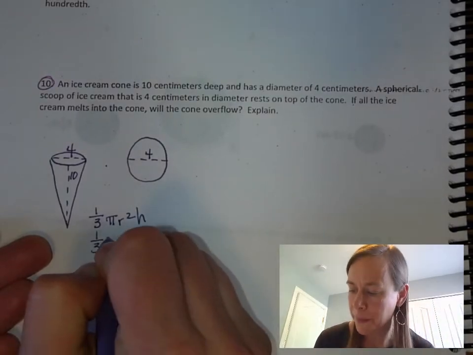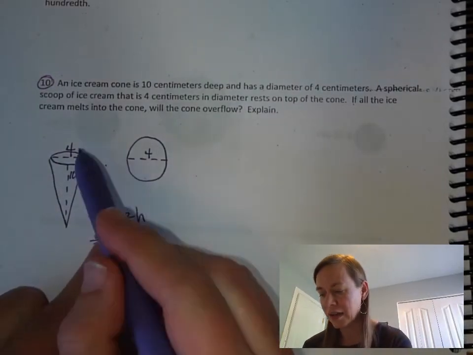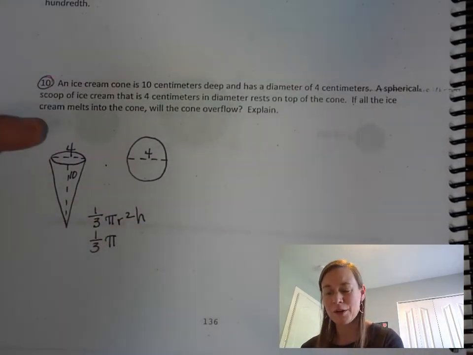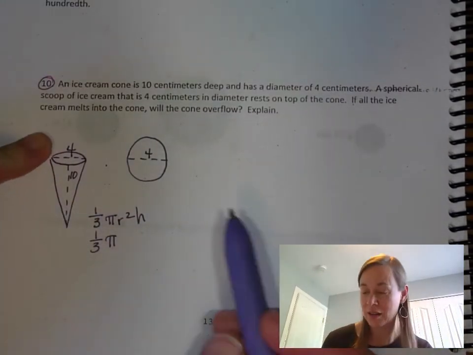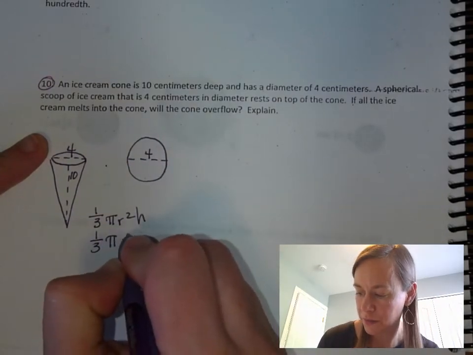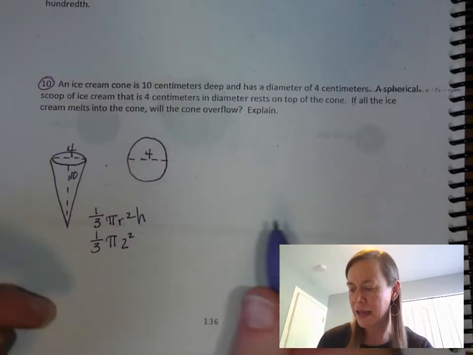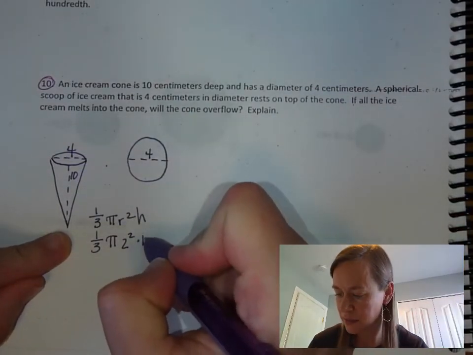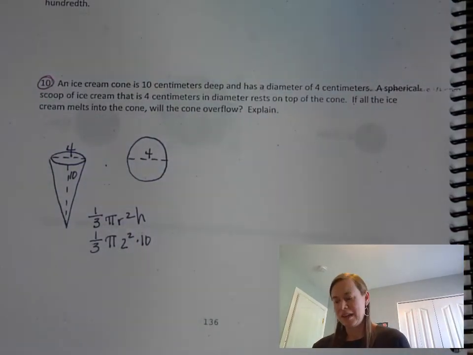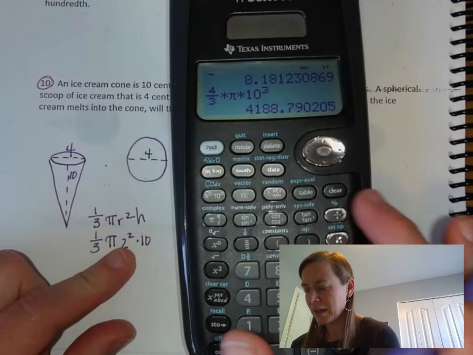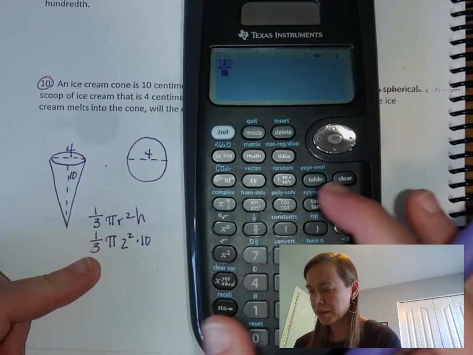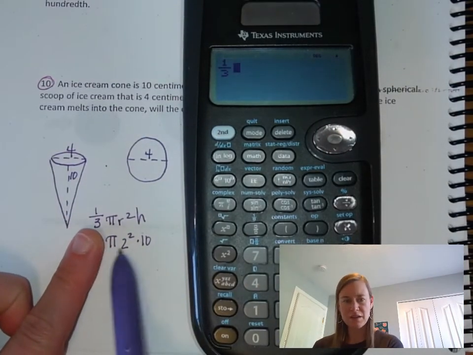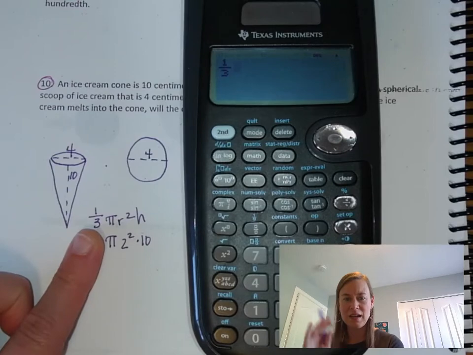So 1/3 pi times, okay, r squared. Now 4, is that the r? Wait, no, 4 is the diameter. So let's cut it in half to find the r. So our r is going to be 2. 2 squared times the height. Now what's the height? That's going to be this 10 right there, times 10. Okie dokie. So let's do the math on this one. You can do 1/3 like this, or you can figure out all of this stuff here, the pi times 2 squared times 10, and then divide it by 3.